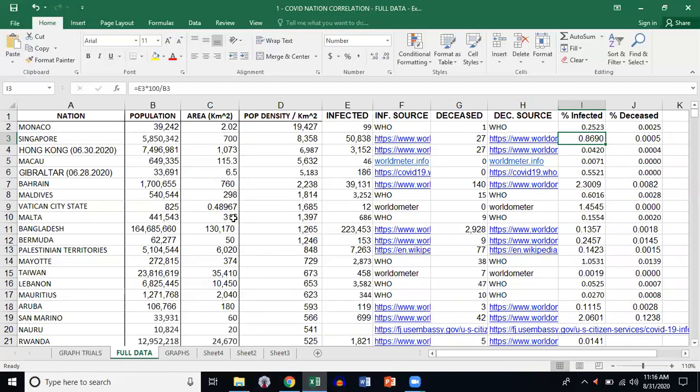See, half a square kilometer, and it is Vatican City. So in the full data sheet, it is one of the top 12 countries of high density. It's country number 8 here, right? Remember, the one is taken up by the titles. So country number 8 of highest density.